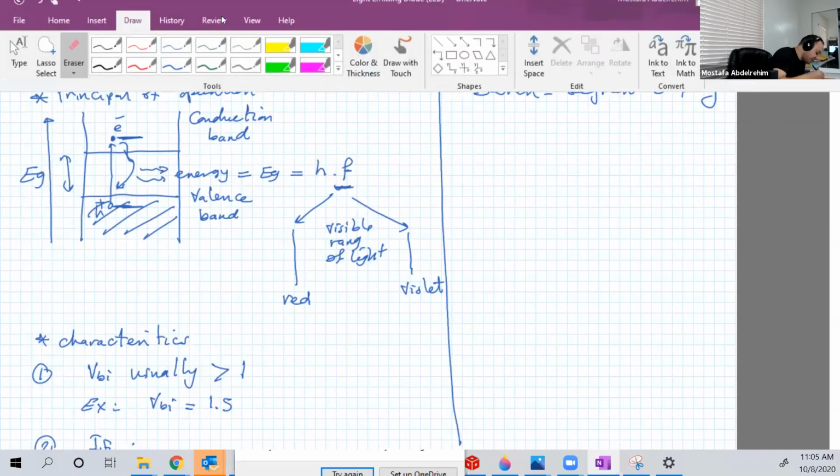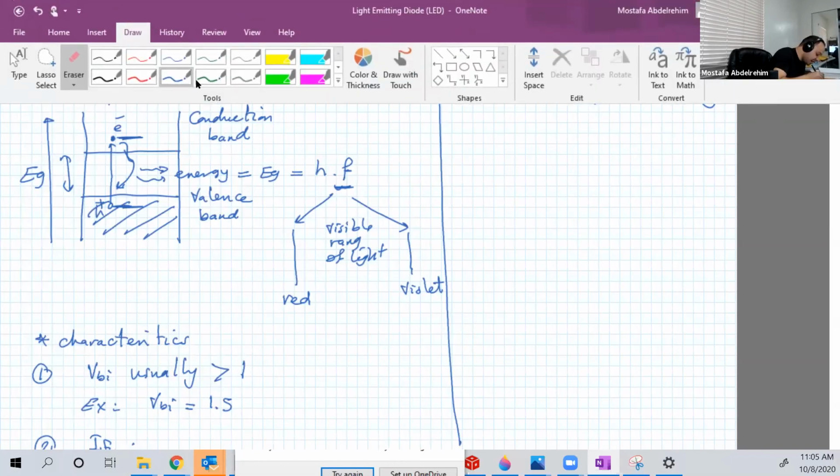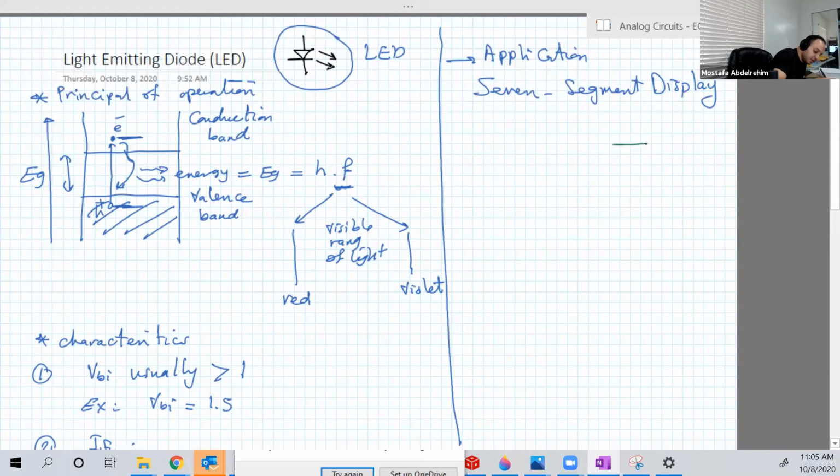So this 7-segment display is actually the display that we use everywhere. Okay. So let's name them A, B, C, D, E, F, G, H.